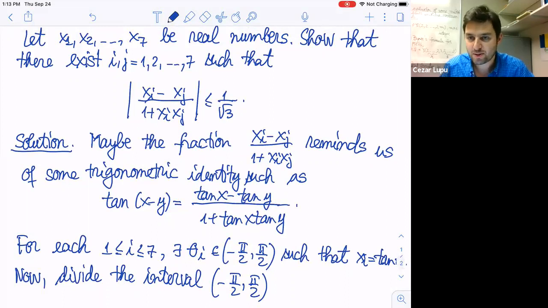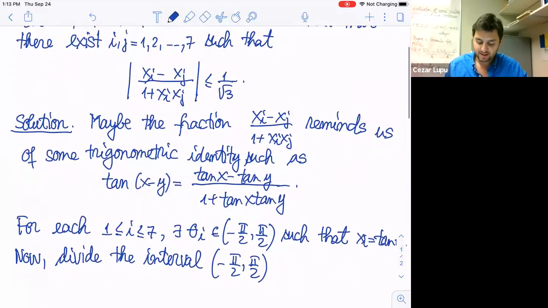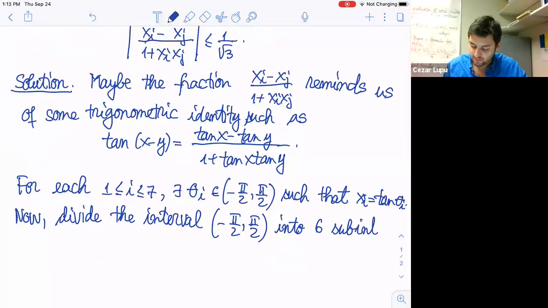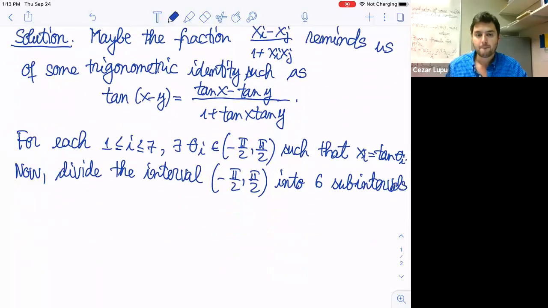Because I have in mind to apply the pigeonhole principle, right? So 7 or 6? 6, exactly. So I need to divide this interval into 6 subintervals, but not just any subintervals. What kind of subintervals should I divide them into? Of equal length. This is important.